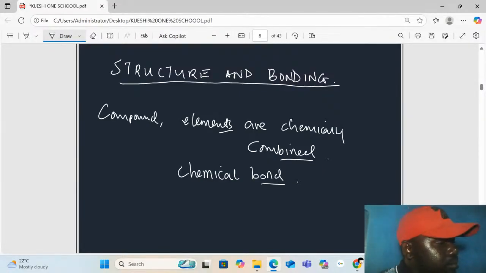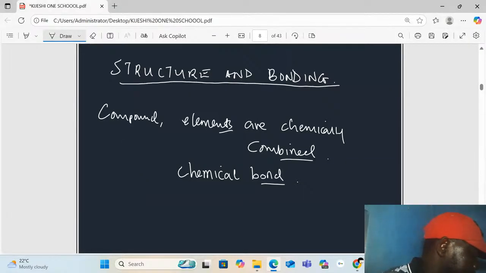So the chemical bond is responsible for the formation of the compound. Therefore, we shall generally look at the major types of bonds in this session, but mainly we shall introduce the ionic bonds and then look at the structures that are a result of ionic bonds.